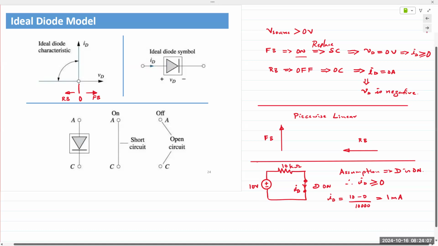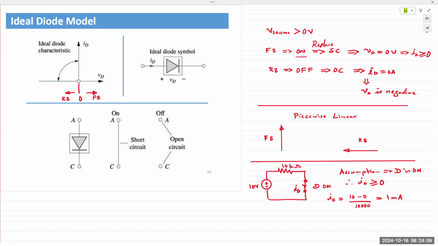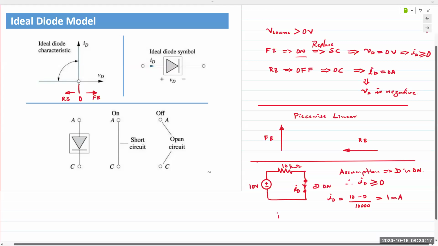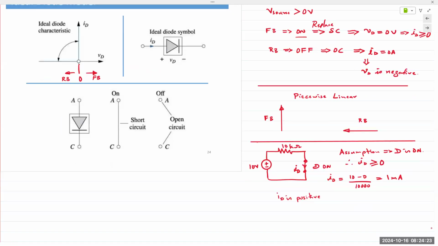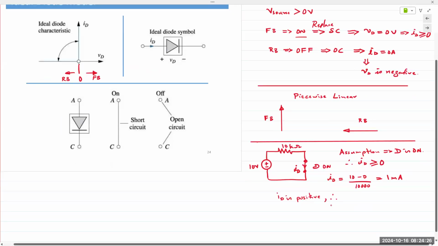And 1 milliamp is a positive value. It's greater than 0. Thus, my assumption is verified and it's valid. So ID is positive. Therefore, the assumption is valid.